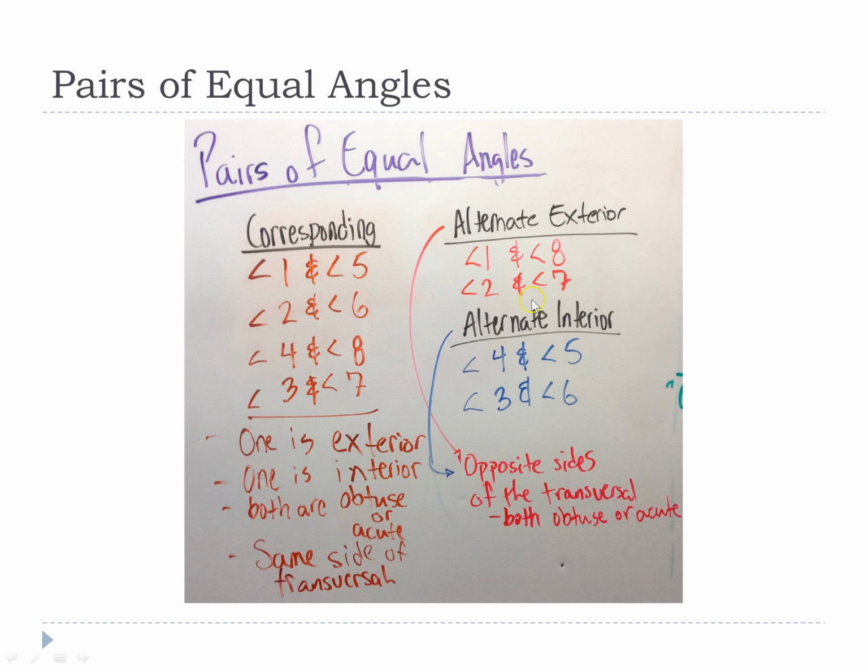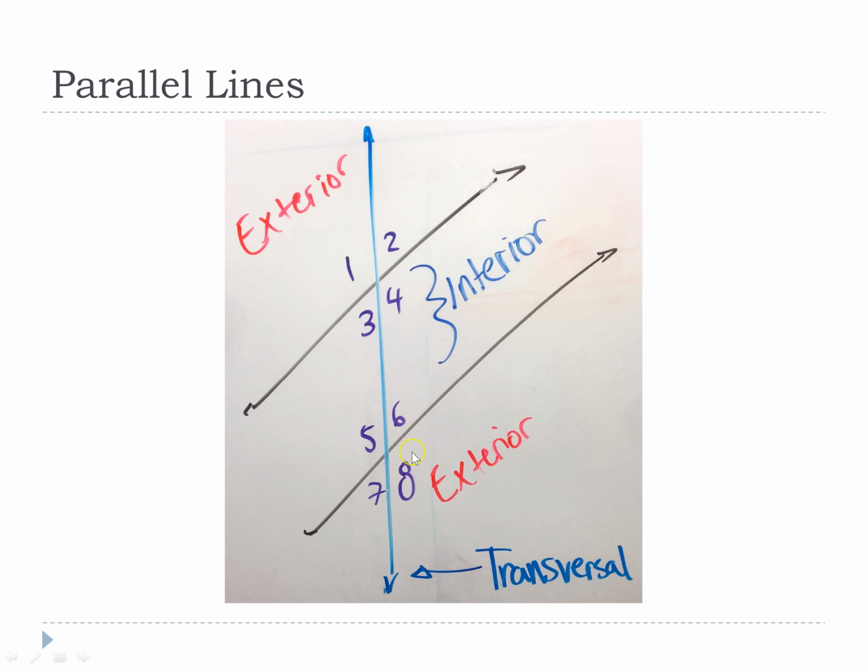All right, so let's take a look at alternate exterior and alternate interior angles. So alternate exterior angles are 1 and 8 and 2 and 7. So if we go back, 1 and 8 are both exterior. They're on opposite sides of the transversal, and angle 1 and angle 8 are both obtuse.